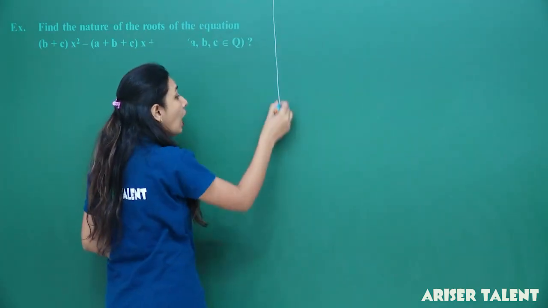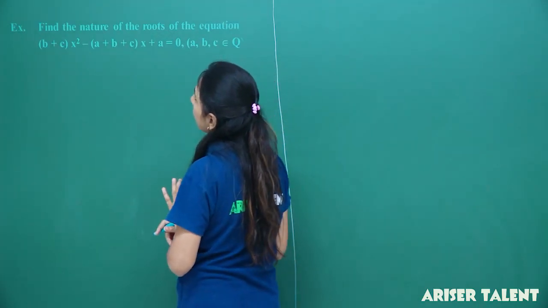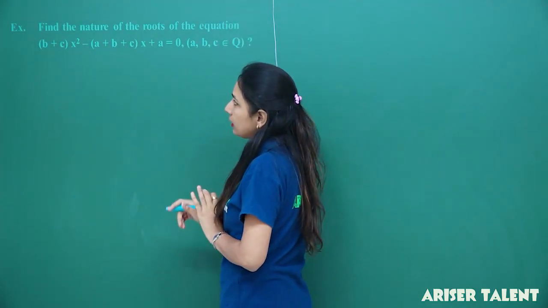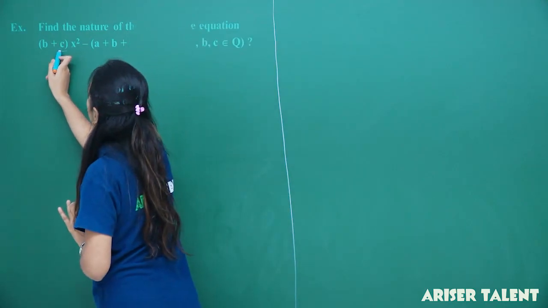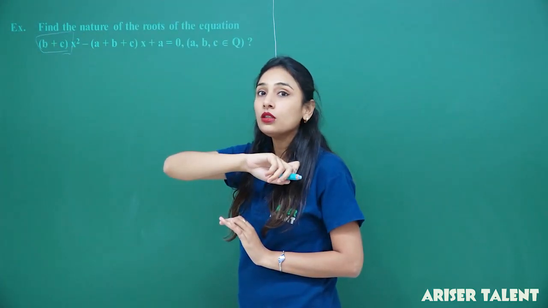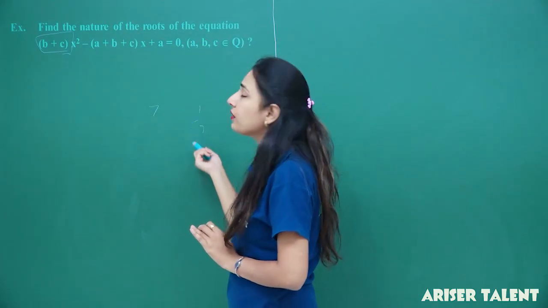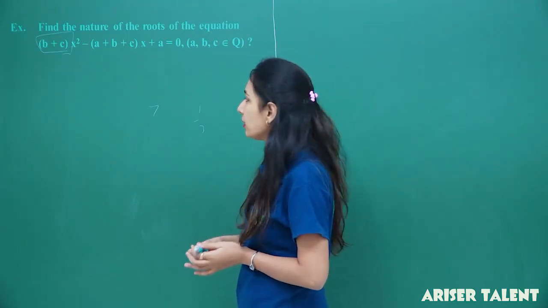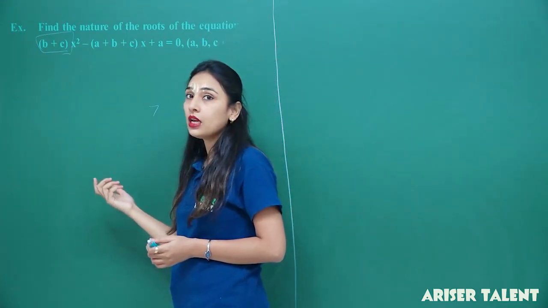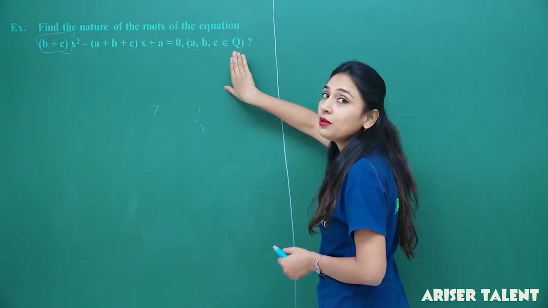So what we will do, I'll find it out, because in the equations we have talked about till date, the coefficient was a numeric value like 7 or 1 by 3, a numerical value. Now in this we have b plus c, a. Now what are these? It's given that they are rational numbers.